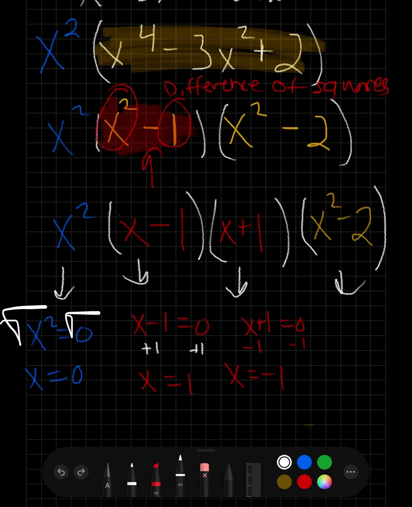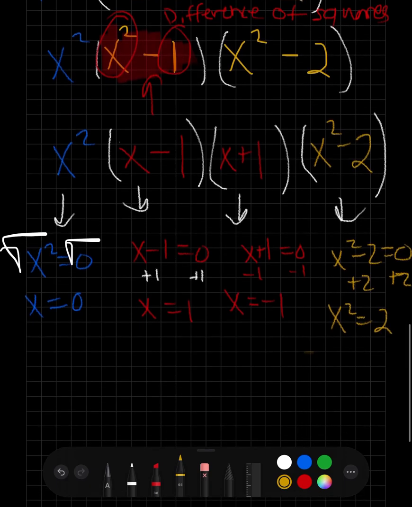I'll set x squared minus 2 equal to 0, and I'll solve this little equation as well. So I see, do not be frightened by seeing something raised to the second power. My first move is going to be to add 2 to each side, and that's going to isolate my square root here. And my second move will be to take the square root. And so I'll have x is equal to plus or minus the square root of 2.